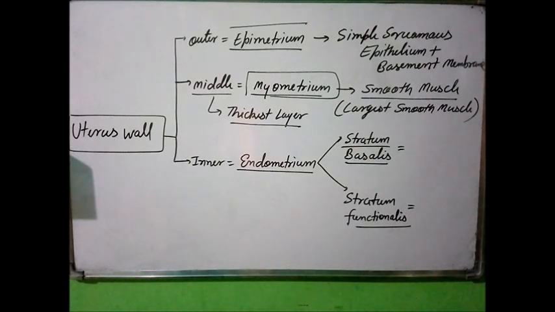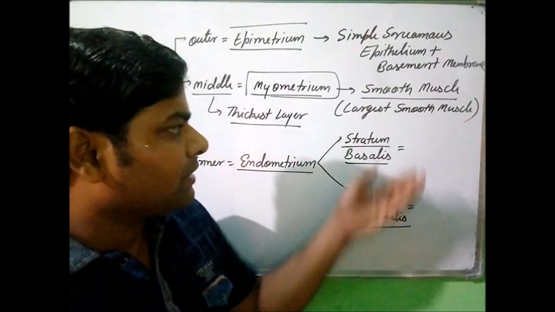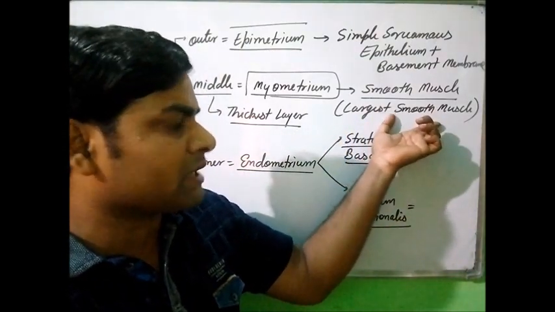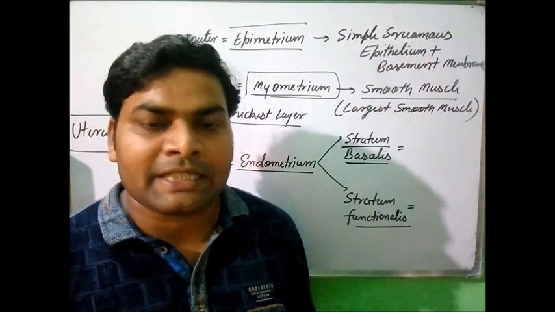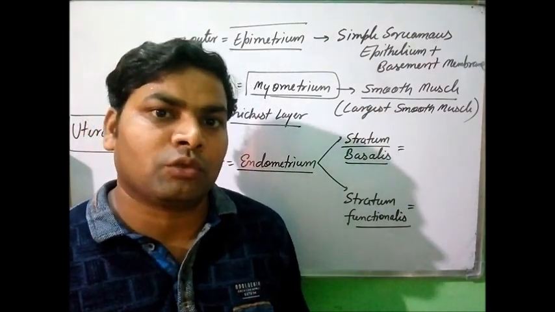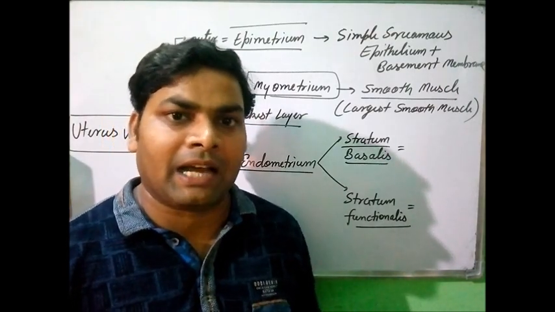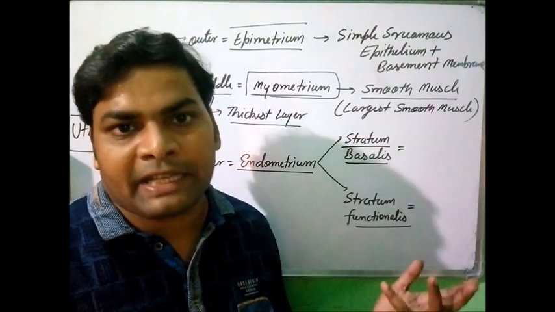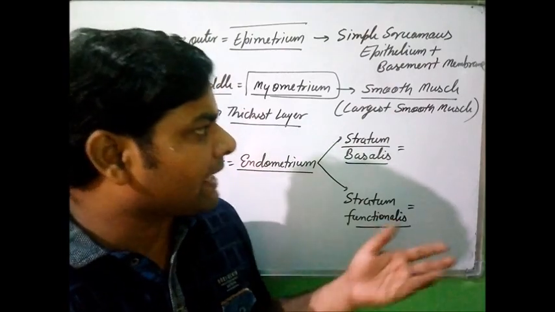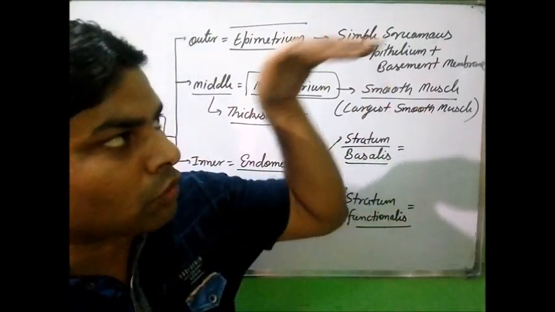This contraction and relaxation of smooth muscle creates a wave-like motion in the uterus, exactly similar to the wave-like motion in our gut or alimentary canal, that is, the peristaltic movement, hence it is also called peristaltic movement. This peristaltic movement starts from the roof part.